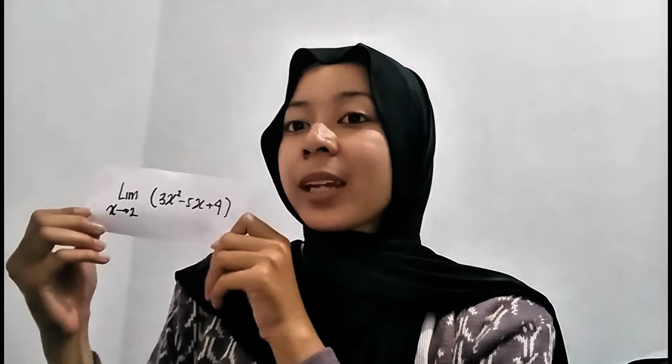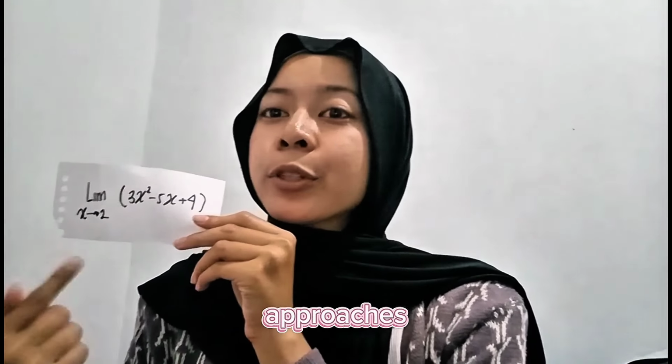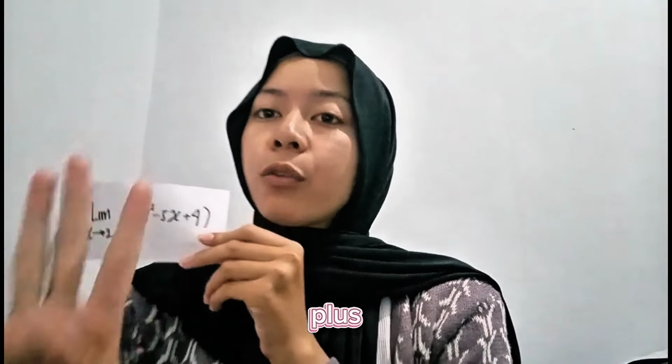For a simple example, we have the limit as x approaches 2 of 3x squared minus 5x plus 4. And since polynomials are smooth and continuous, we can simply substitute x equals 2.